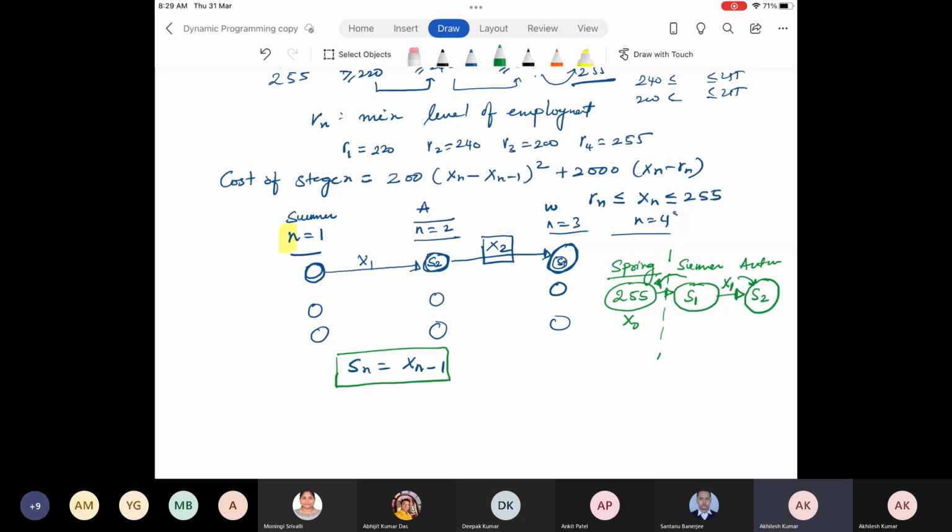So we can say S1 equals X0, which equals 255, because these are nothing but representing your spring. I'm defining X0 because we are using n minus 1. If n equals 1, that is my first season, summer. The preceding season was spring. So Sn equals Xn minus 1. Clear so far?